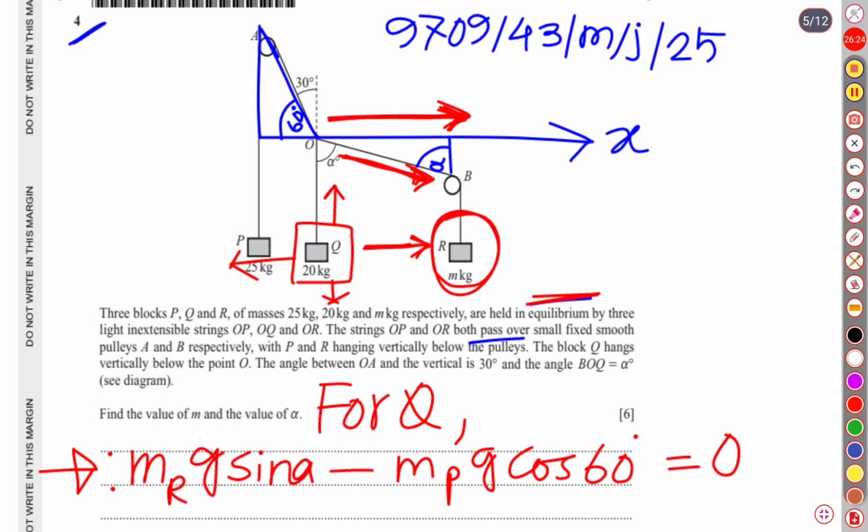I think you got my point. The driving force is in this direction of Q, and the resistance to motion of Q is in the negative direction. So for the negative direction it is mPg cos 60, but for the positive direction it is nothing but the weight of block R.